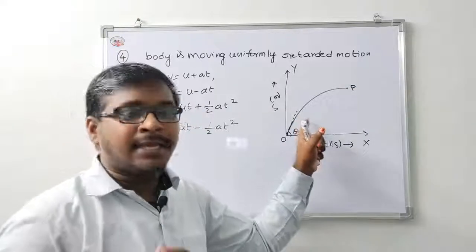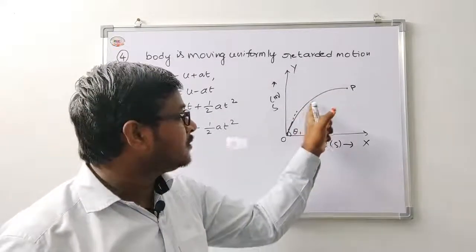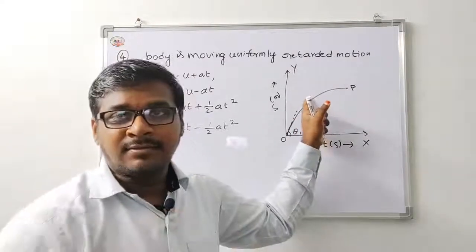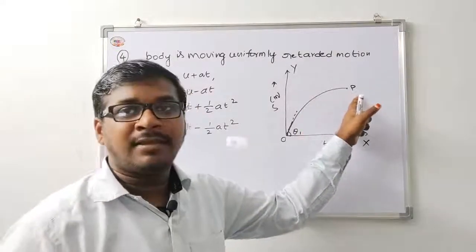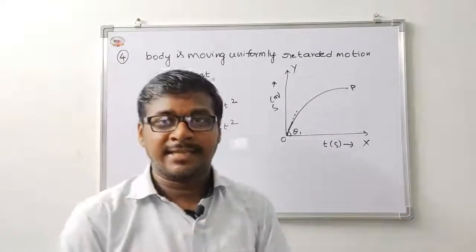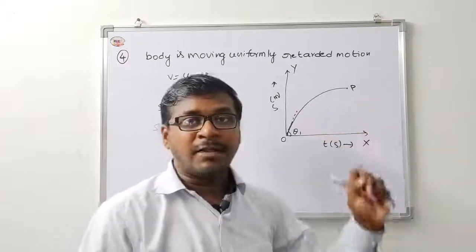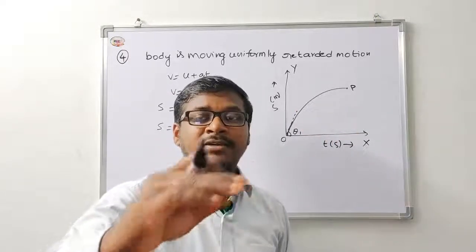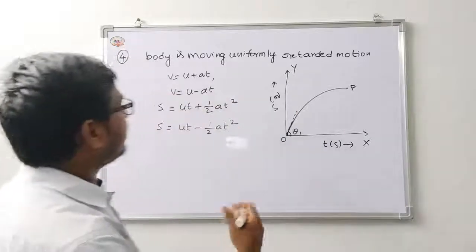The velocity is positive, always positive, but decreasing. Velocity is positive up to the final point P, but at the final point the velocity is decreasing.